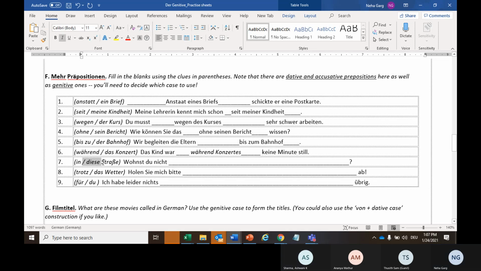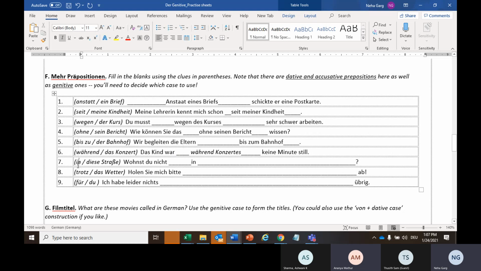Next, Ananya. Wohnst du nicht in dieser Straße? Okay, here in is a two-way preposition, but would you use it in an accusative way or in a dative way?